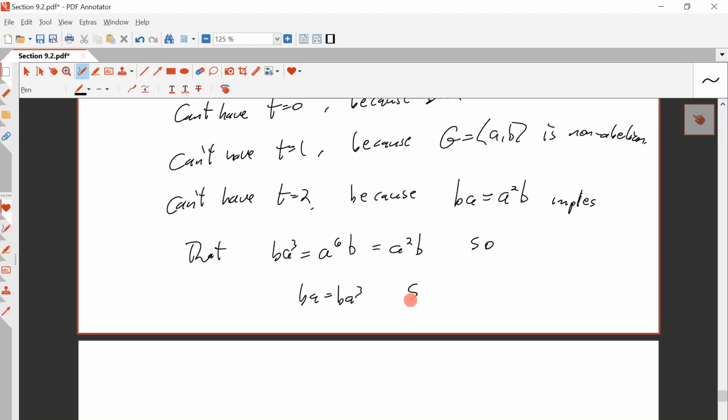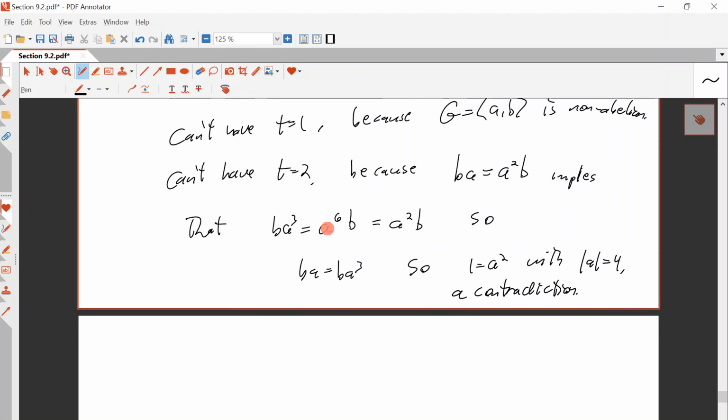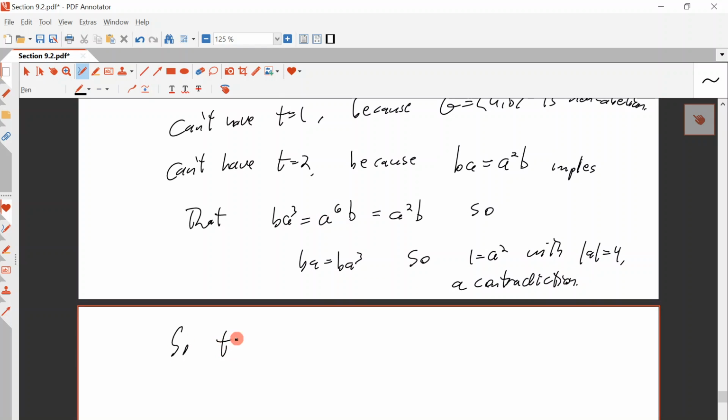So you cancel the B's. So 1 is equal to A squared, with the order of A equal to 4, contradiction. All right, so T is equal to 3.